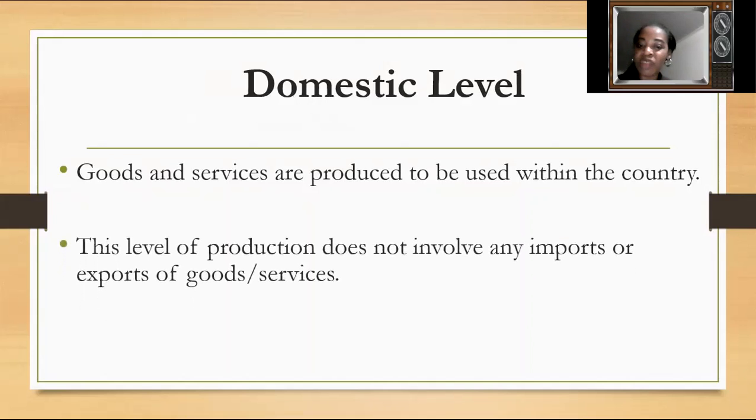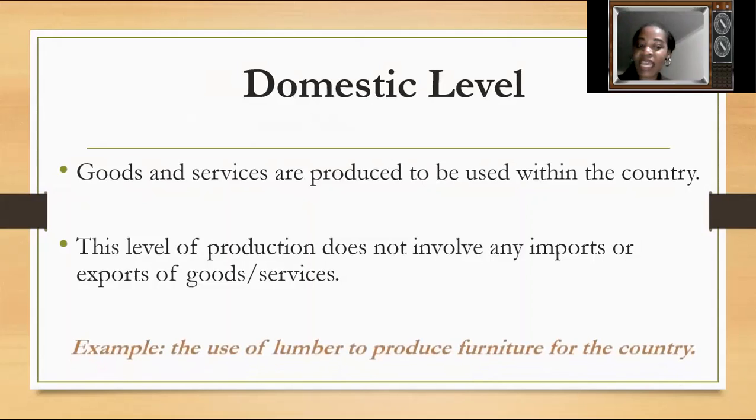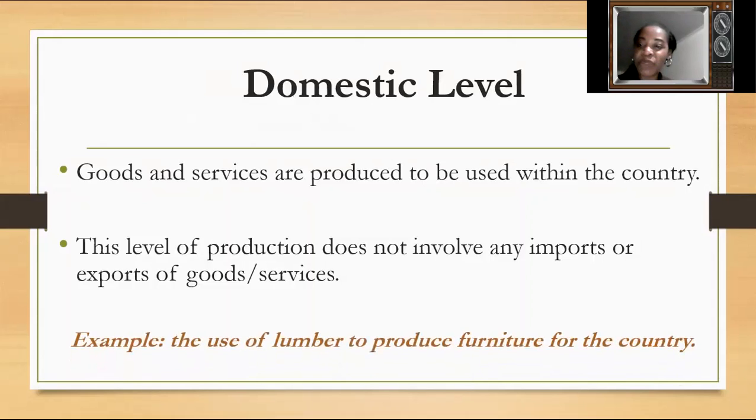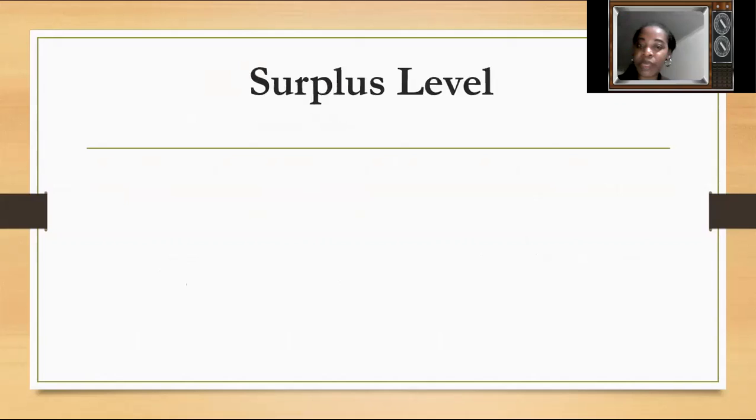This level of production does not involve any imports or exports of goods and services. An example of producing goods or services at the domestic level would be using lumber to produce furniture for a country.